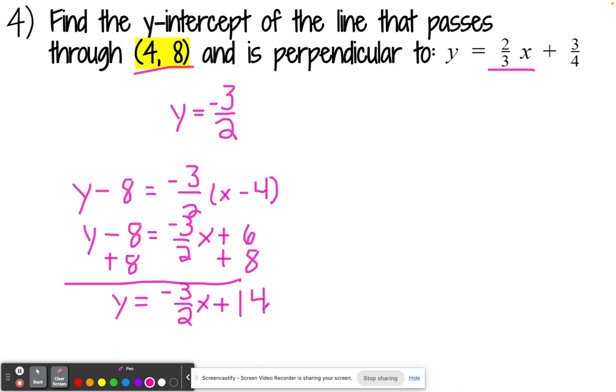So my equation of my line will be this. But that's not what the question was. The question was, what is the y-intercept? Well, that is right here. That is my 14.